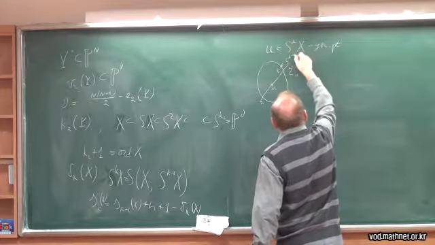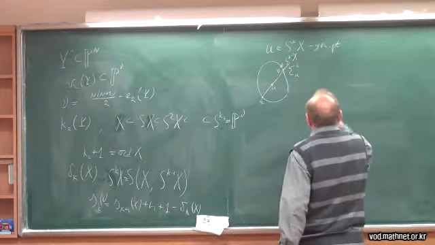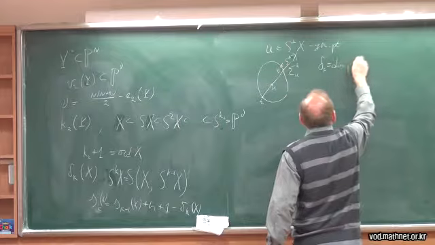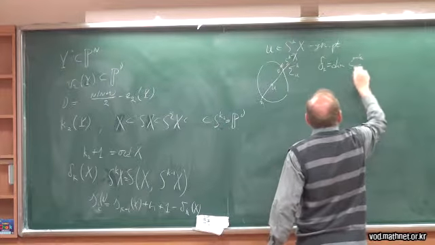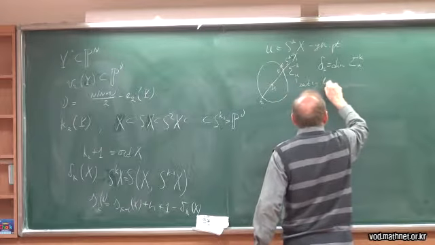And so then delta sub k is the dimension of this entry locus of the point u.